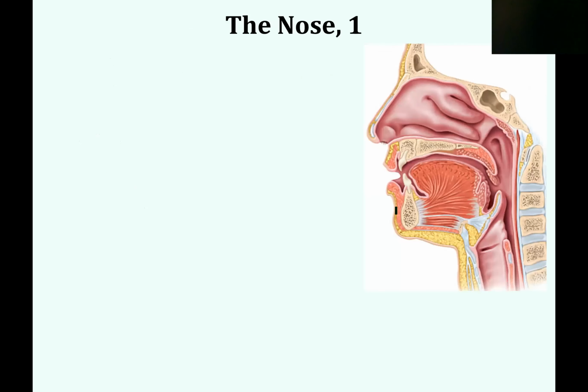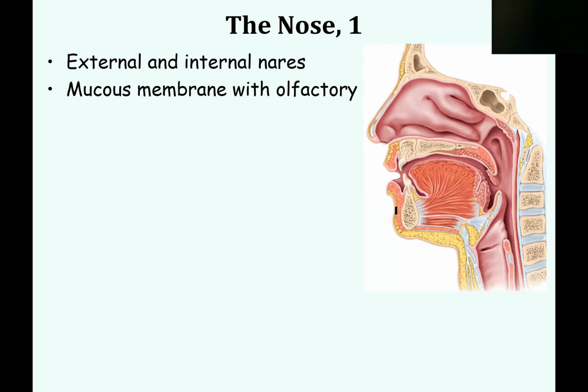So if we start looking at the organs, you have the internal and external nares. You'll need descriptions and you'll need the functions, because this is where you're going to write the functions so that you'll have them for your lab.